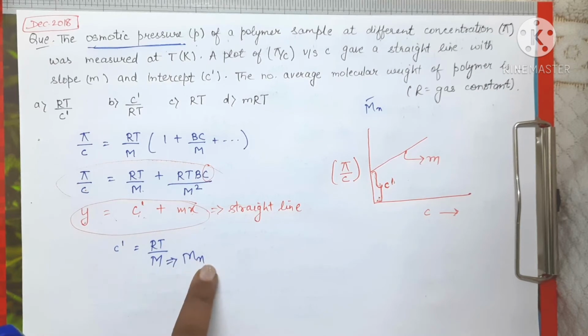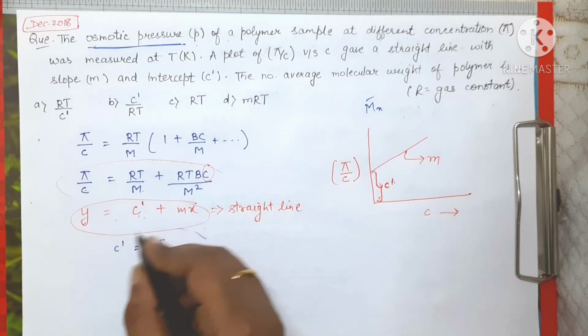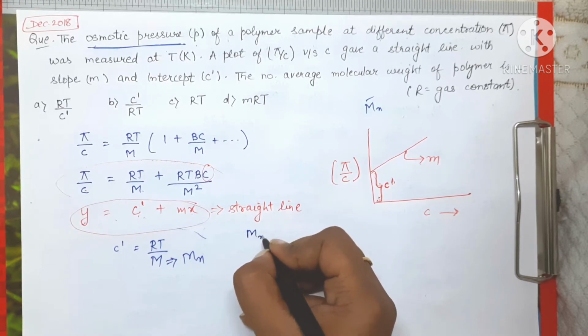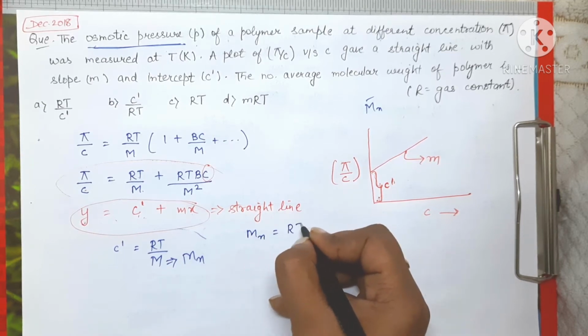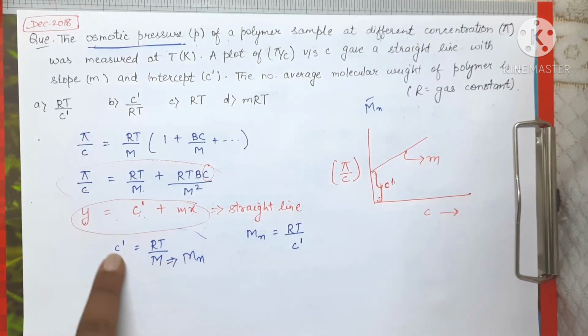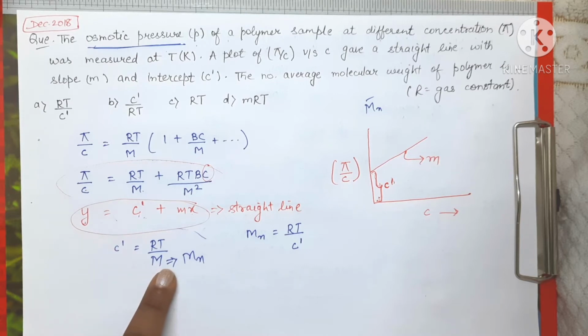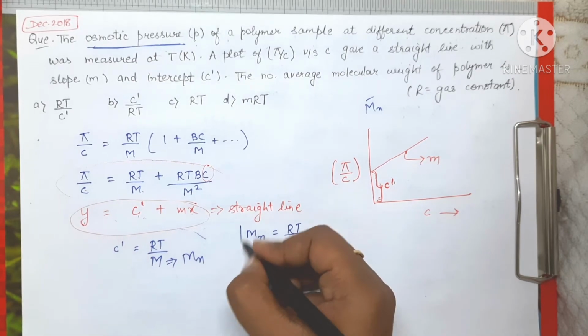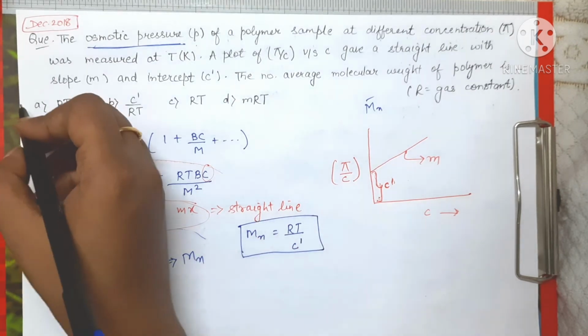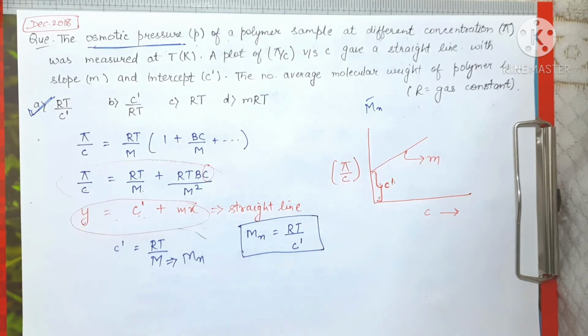The value of Mn from here is RT by c dash. If we take this Mn to the left hand side and c dash to the denominator on the right hand side, then we get Mn equals RT by c dash, which is option A. So option A is the correct option. Now we'll move on to the next question.